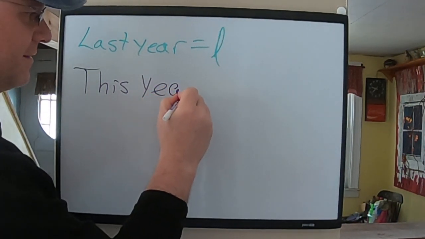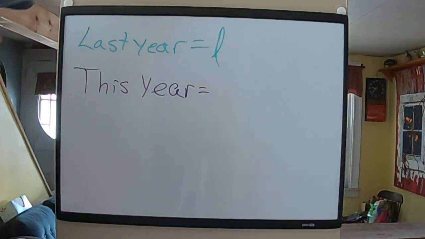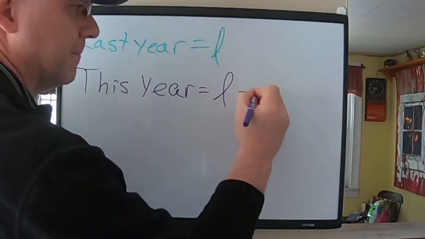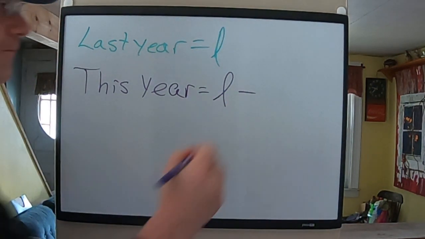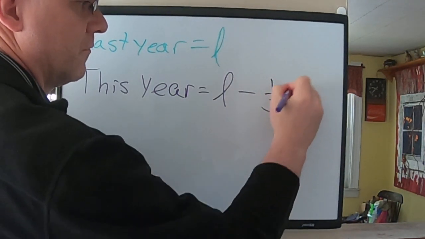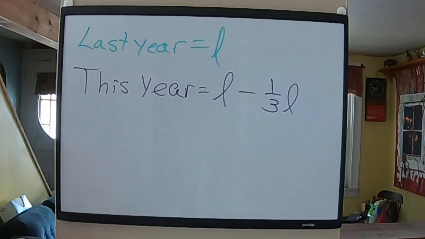Got to make a mistake in at least every video. All right, this year we have to figure it out. Now it's decreased. What was decreased? The amount last year minus 1/3 of last year. So you could have written that as 2/3 L, and that's how much the earnings were this year.